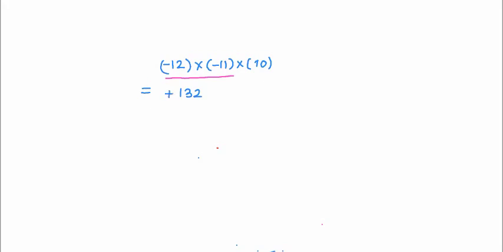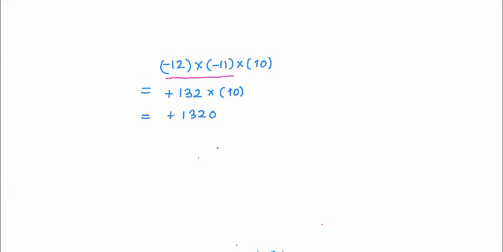So plus 132 into 10, as it is. Now here again we multiply 132 and 10, 1320 is the answer. There's a plus sign here also, no sign means plus sign. So plus, plus, same signs, result again in positive.